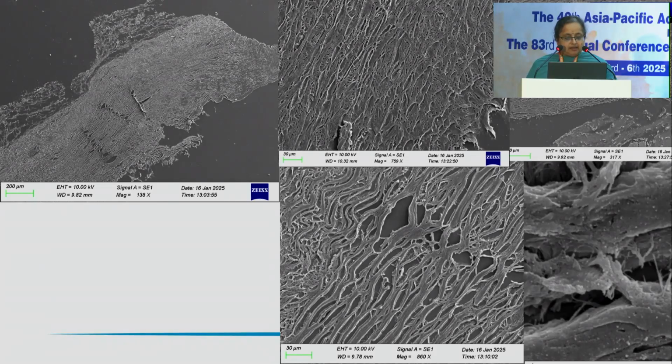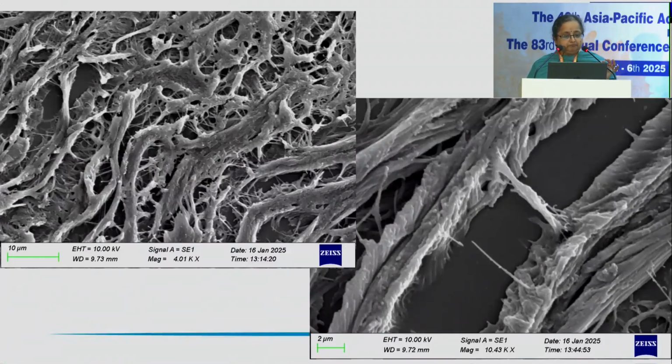These processes are there in between the trabecular meshwork beams, and they are not present in all the regions. In some of the beams these processes are present, in some they are absent, but they are present more in the juxtacanalicular as opposed to the corneoscleral. So these valves or so-called processes are possibly the reason how the eye maintains a unidirectional flow of aqueous towards the Schlemm's canal. This is in high magnification of the same.